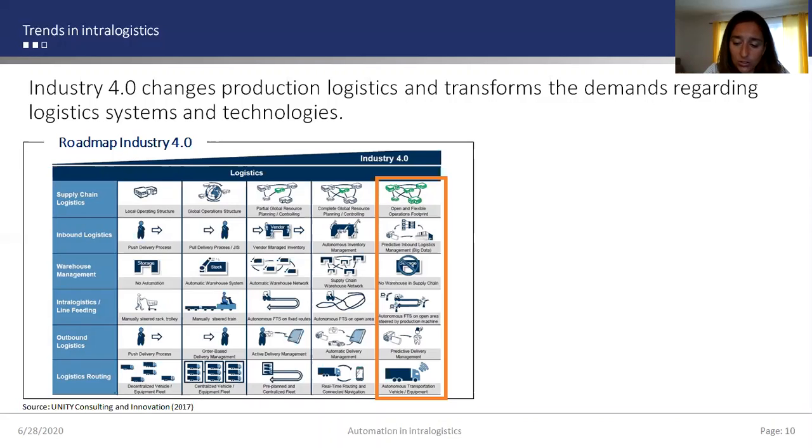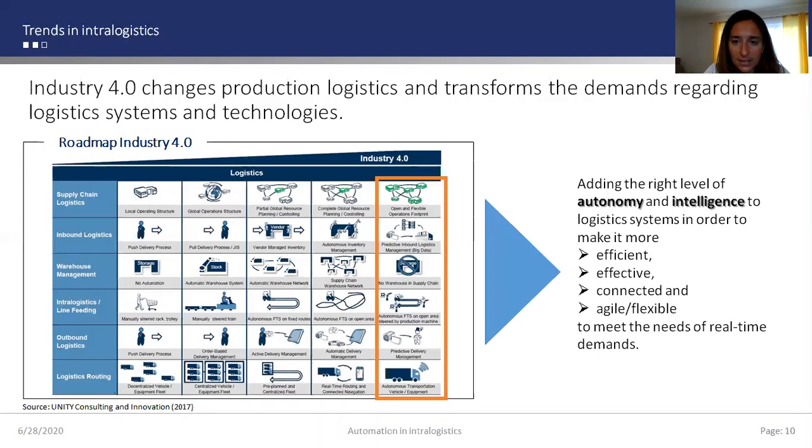If you want to sum up what Logistics 4.0 means, it is that systems become more autonomous and more intelligent by themselves. So the system in itself becomes more efficient, effective, connected, and agile. And you try to meet the needs of real-time demands.